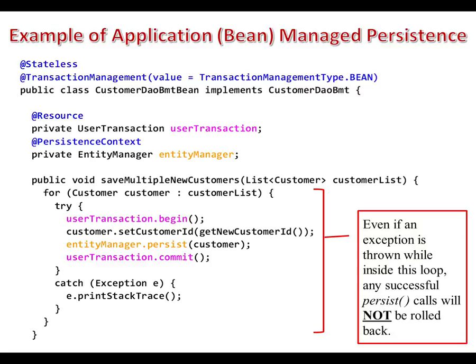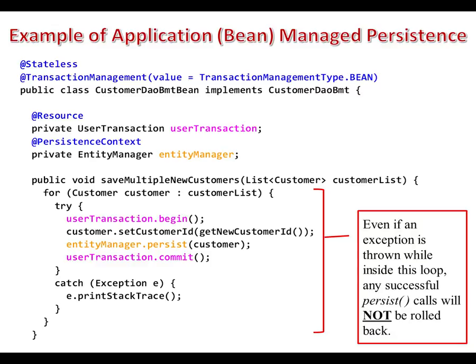So it's create a new one, get the next ID, persist to the database, commit. Now, if for some reason an exception gets thrown inside there, let's say the number exists already, that might throw an exception in the database.